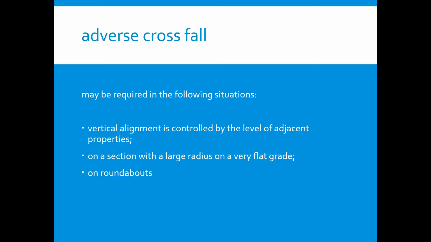Therefore, it is recommended that 50% of the normal F value be applied in adverse fall conditions. Using the horizontal geometry formula, the resulting minimum radii with adverse crossfall vary, for speeds between 40 and 70 kilometers per hour, from 105 to 600 meters.